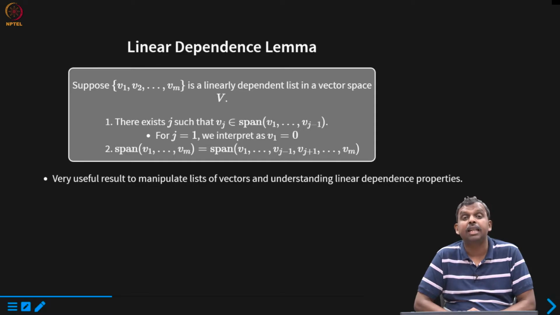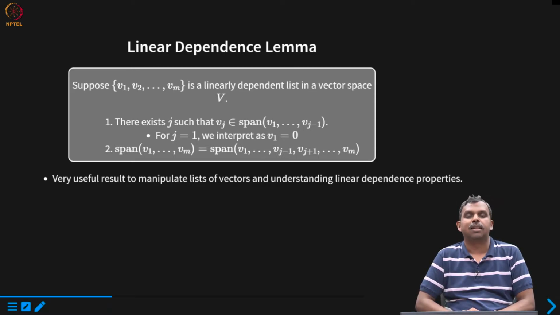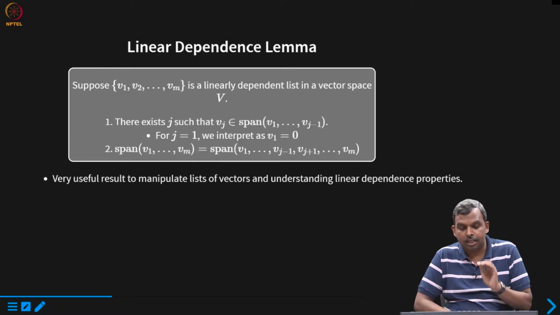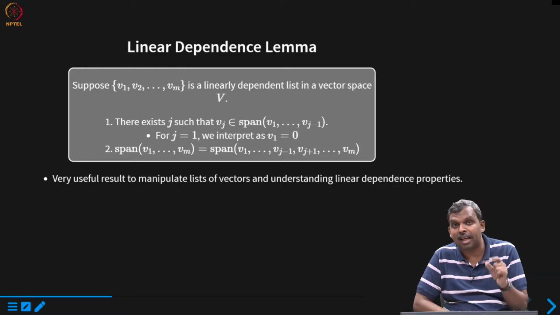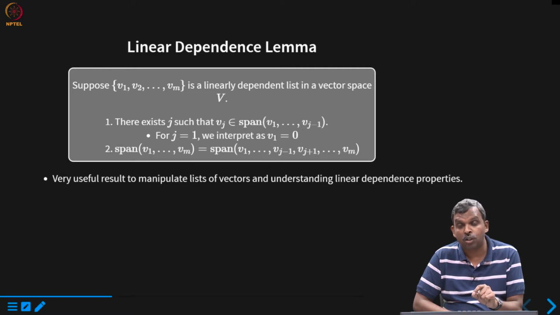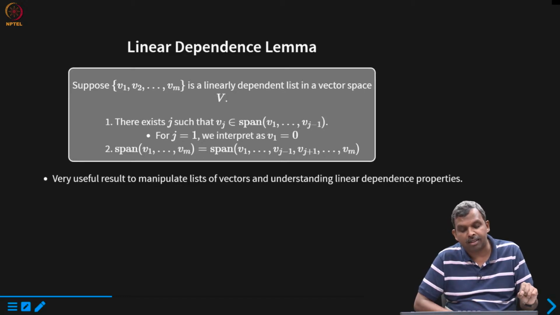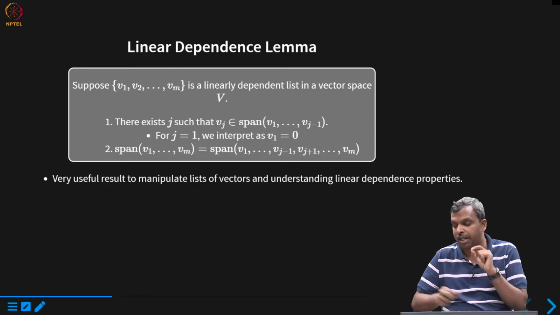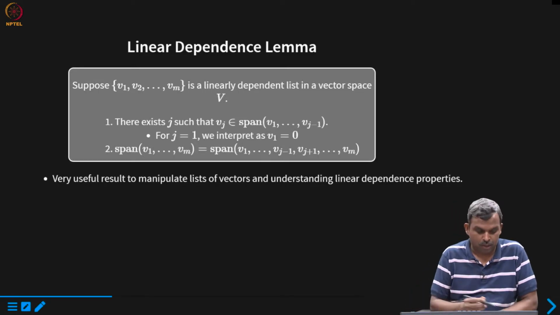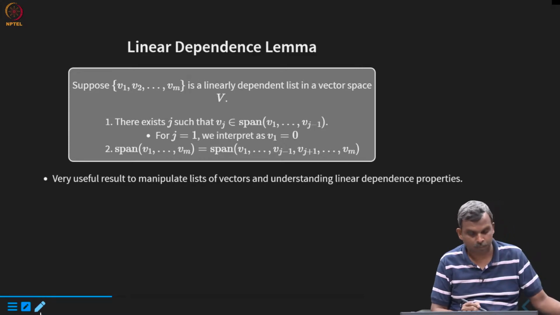So it's a linearly dependent list of vectors in some vector space V. It turns out, whenever you have a set of linearly dependent vectors, there is an index j such that vj, the jth vector, belongs to the span of all the vectors that came before it. What does that mean? vj can be written as a linear combination of v1 through v(j-1). Let me write that down.